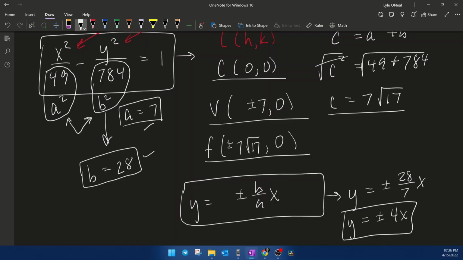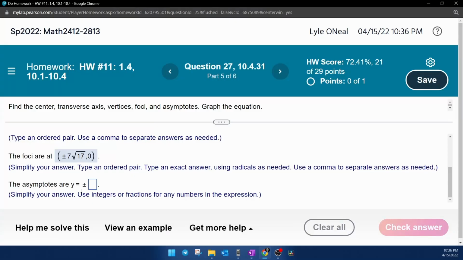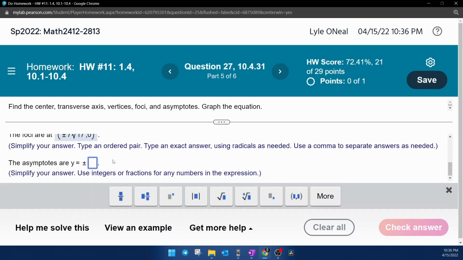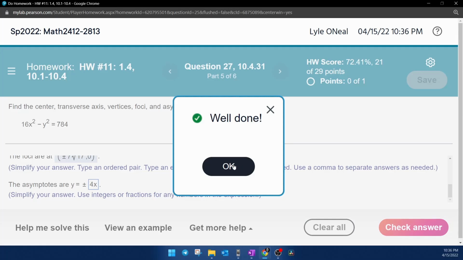And there's my asymptotes. Now notice in the MyLab Math window, it already has y equals plus or minus. All you've got to do is fill in whatever the plus or minus is. Well, it's plus or minus 4x. So we just need to fill in the 4x, and we're done.